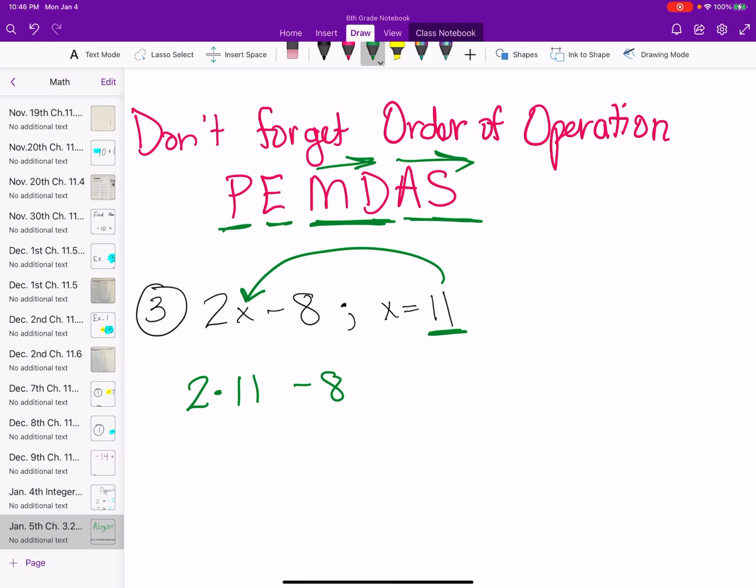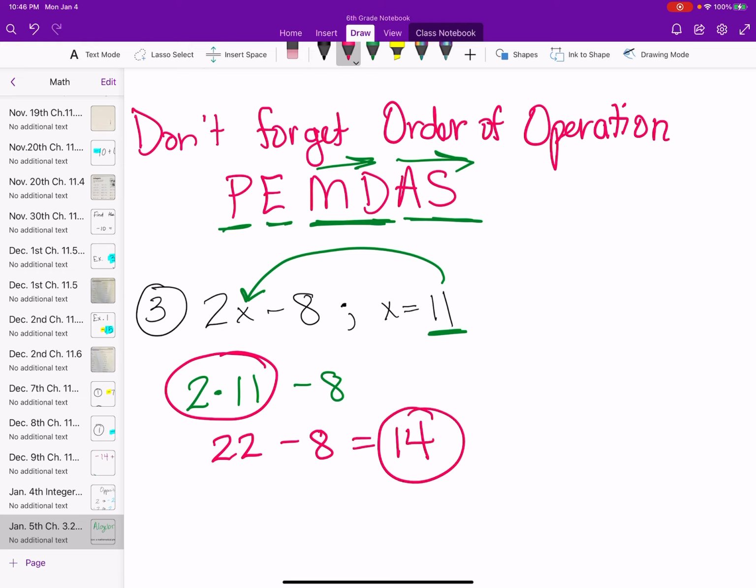Remember, multiplying comes before subtracting, so we need to do this first. 2 times 11 is 22. 22 minus 8 is 14, and that would be our final answer. So order of operations is really key there.